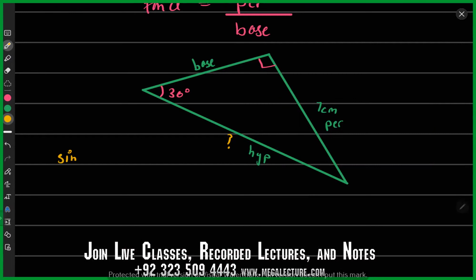Sine theta is equal to perpendicular over hypotenuse. Perpendicular means 7 centimeters, hypotenuse is unknown, and theta is 30 in my case. So hypotenuse is equal to 7 divided by sine 30.